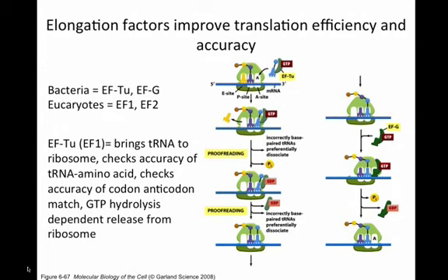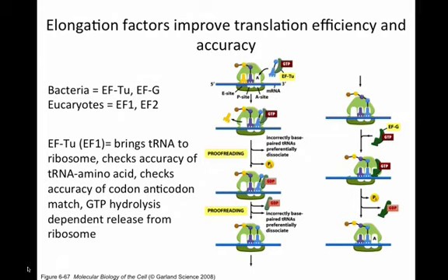So, we're talking about translation. Let's talk about how this actually happens, okay? So you've got elongation factors that are required for two things. One is to improve efficiency, so it's helping to bring in the tRNA to the ribosome, and to assure accuracy. It's helping to make sure the correct tRNA amino acid is present.